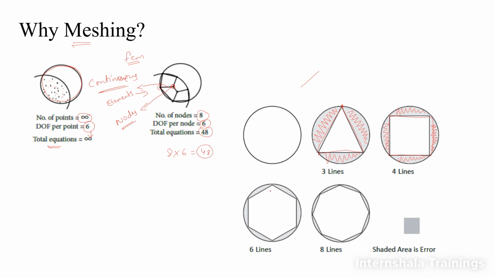So I will again increase the number of sides, and as I increase the number of sides, the area being left out decreases. This is called, in technical terms, mesh refinement. If we refine the mesh more and more, more of the object is covered properly, and the results will be more accurate. But remember, refining the mesh will also increase the computation time.